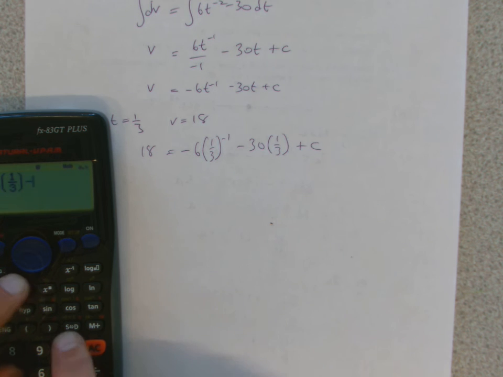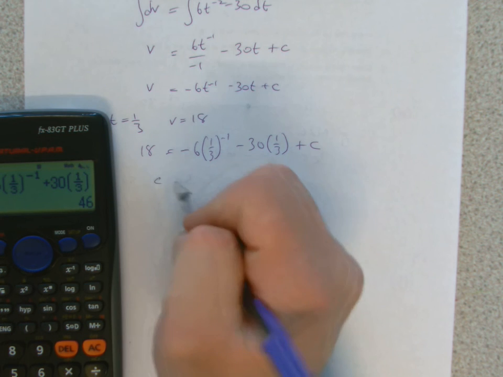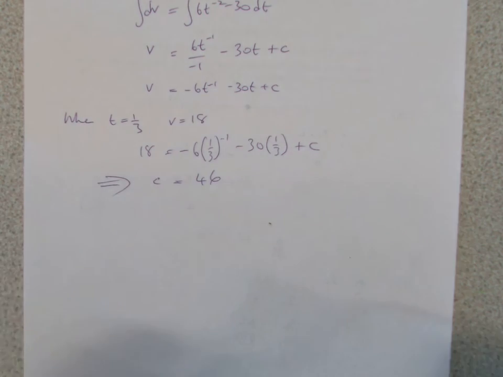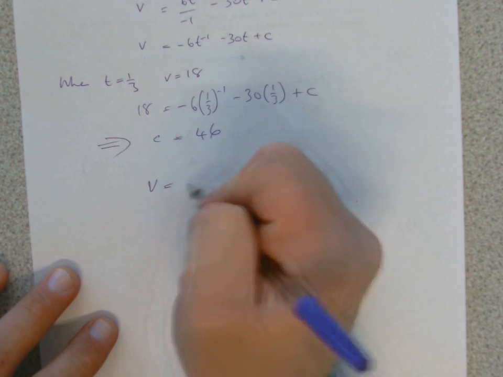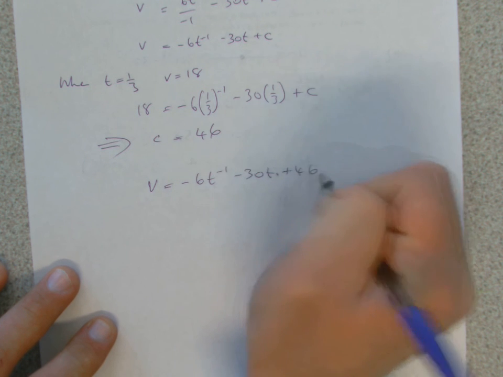Take it over the other side as well. 30 times a third is 10. So you get your c to be 46. Your expression will be v equals minus 6t^-1 minus 30t plus 46.